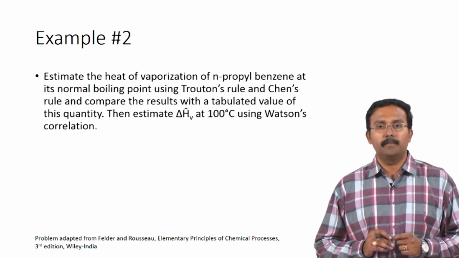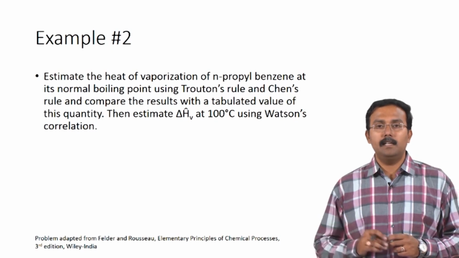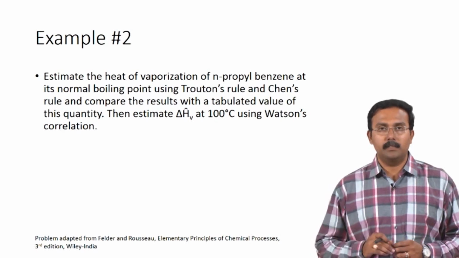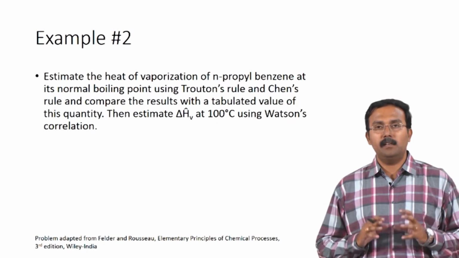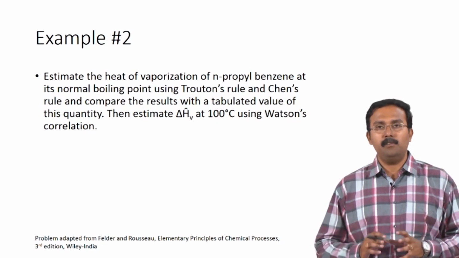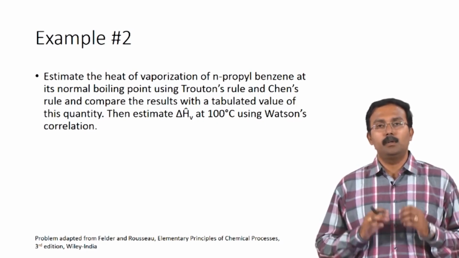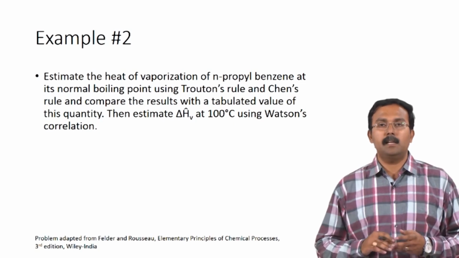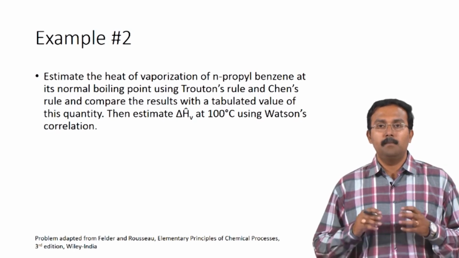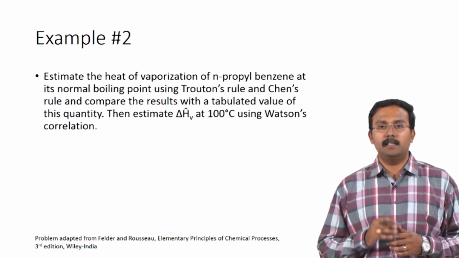You are then asked to estimate the heat of vaporization at 100 degrees Celsius using Watson's correlation. No information has been provided, so we would have to use some handbook or textbook to get the values for critical temperature, critical pressure and boiling point for N-propyl benzene.